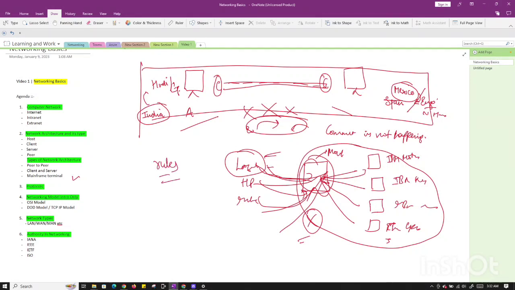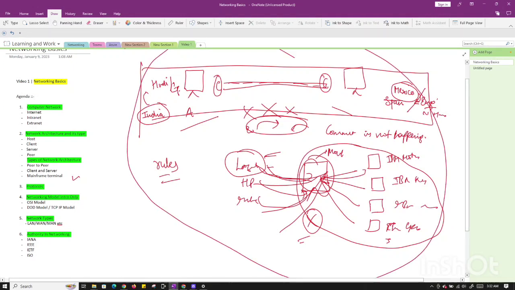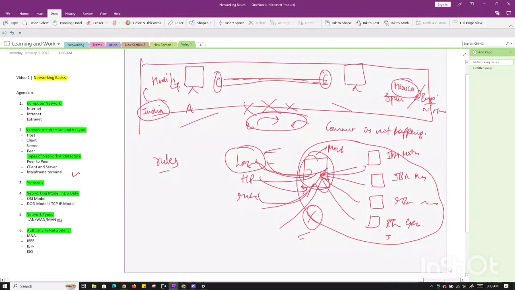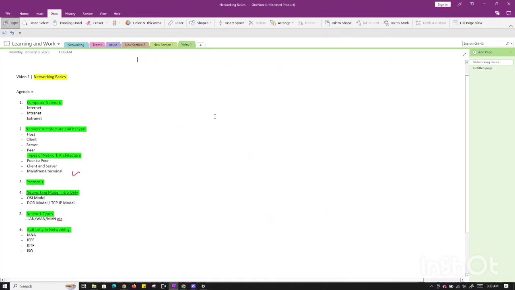To overcome this issue, we came up with a solution that the communication has to follow the same rules.